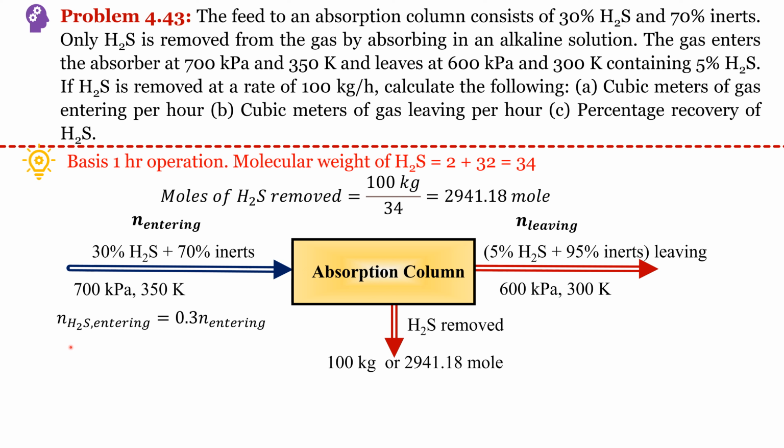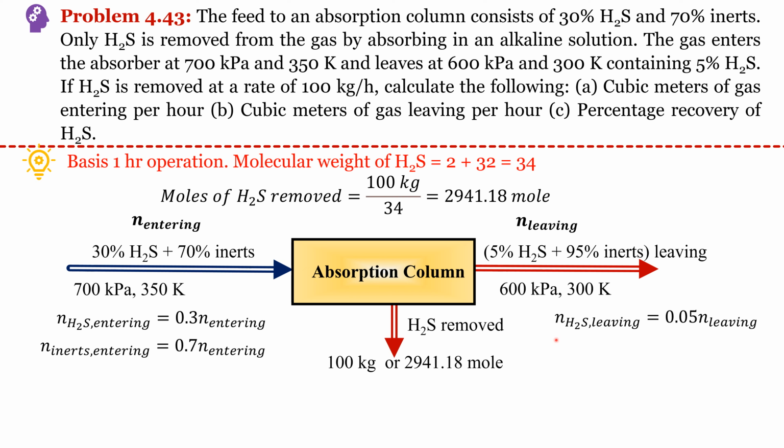Now we can write that moles of H2S entering will be equal to 30% of N entering. So N H2S entering equals 0.3 N entering. In the same way, moles of inerts entering equals 70% of N entering.